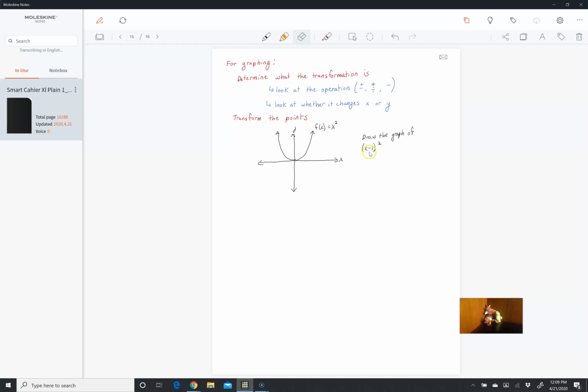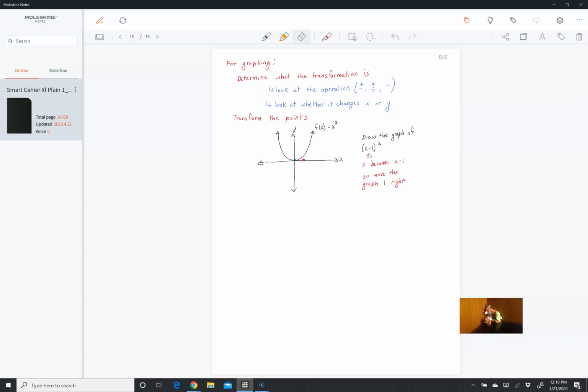You subtracted 1 from your x. This meant that you went to the right by 1. So this means this is your new vertex.